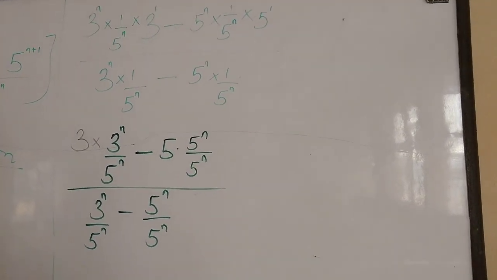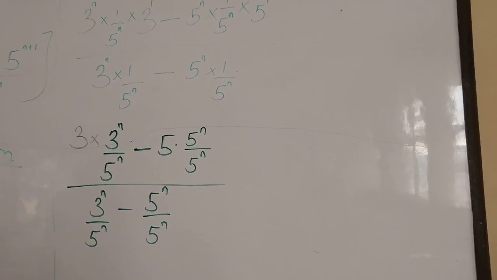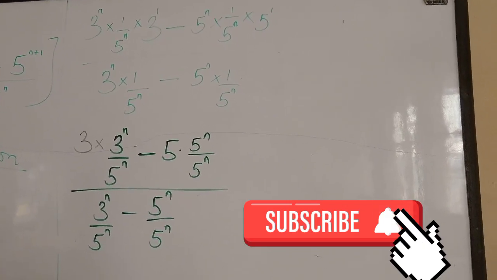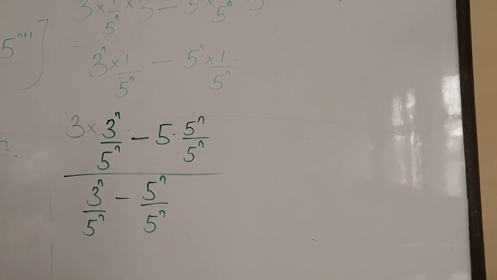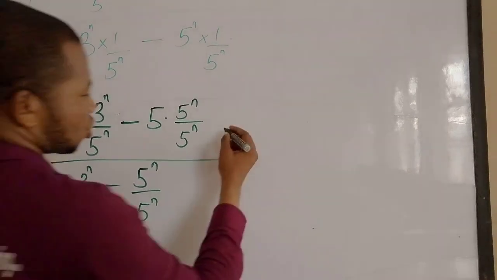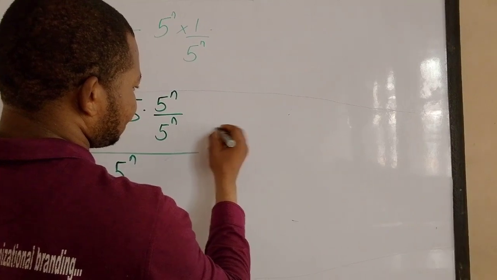Now, at this juncture, you apply your limit. We are told that n tends to infinity, meaning that any place you see n, you substitute it with infinity.